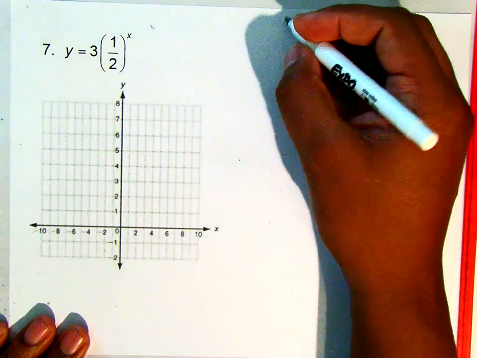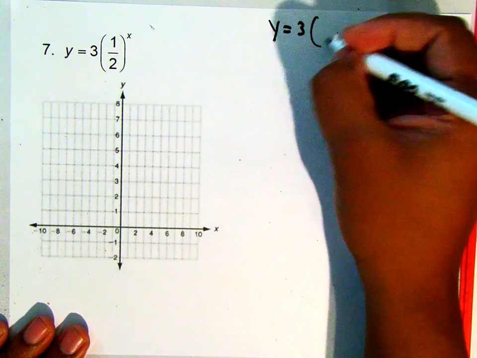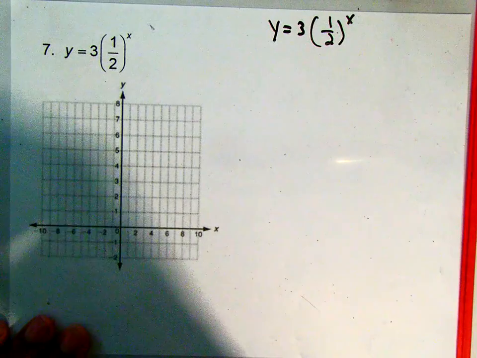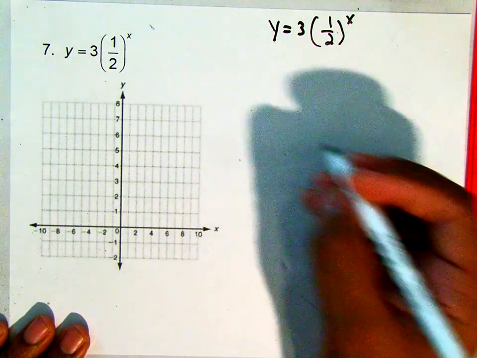So I'm going to rewrite the equation over here. Y is equal to 3 times 1/2 raised to the x. Okay, and I'm going to plug in my first one, which is going to be -1. And I'm going to make a little chart here.